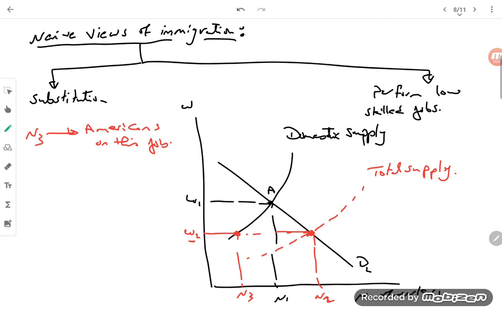Total employment is N2. So the immigrants' jobs are N2 minus N3. So this area is the immigrants' jobs.